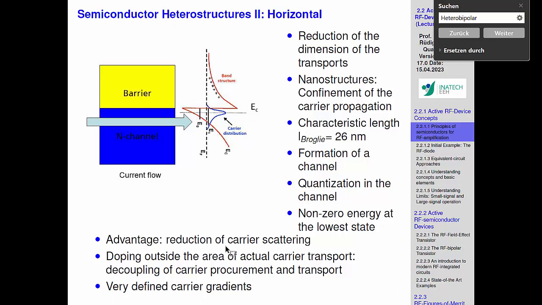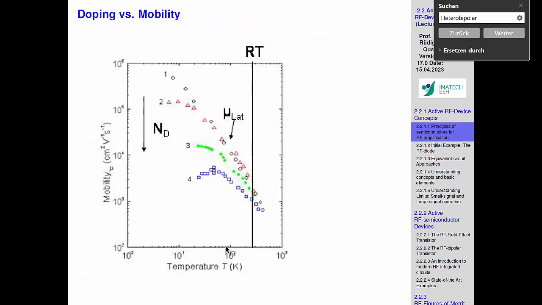Anytime I'm putting carriers into a material, depending strongly on the temperature, the capability of moving in this part of the device will be critically reduced by my doping. So I'm killing the path, because impurities in the crystal will kill the capability to conduct.